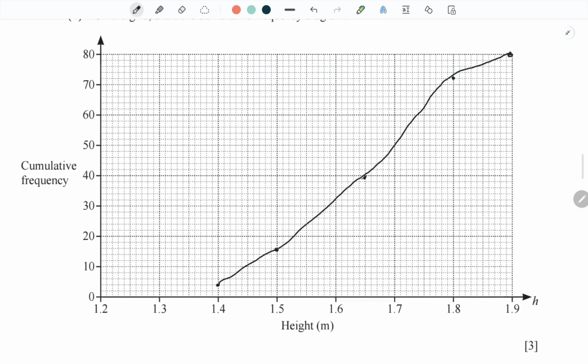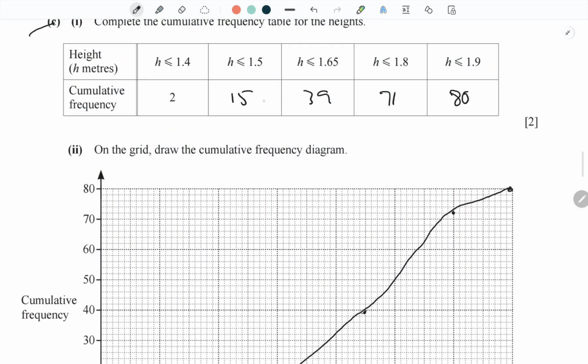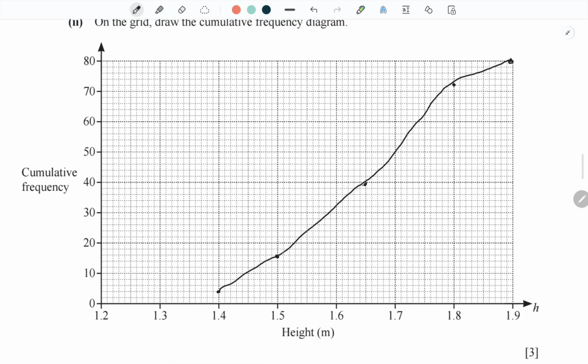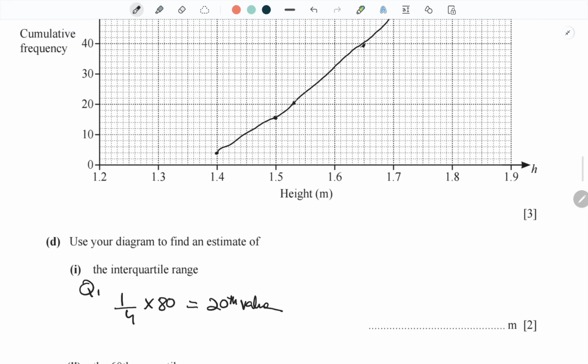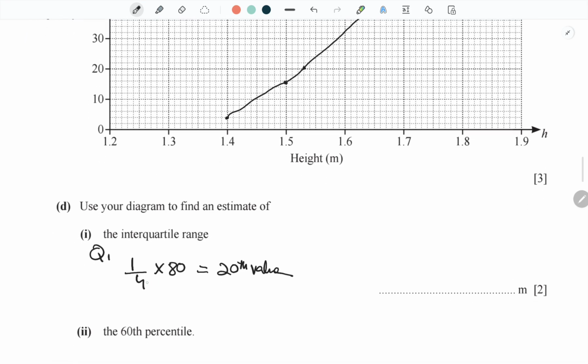What is the 20th value? It is between them. Maybe this one I just write randomly, so this is 1.53 something, so Q1 is 1.53 meter, okay? 1.53 meter.